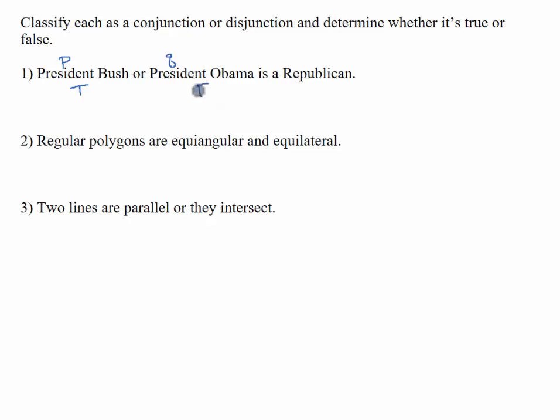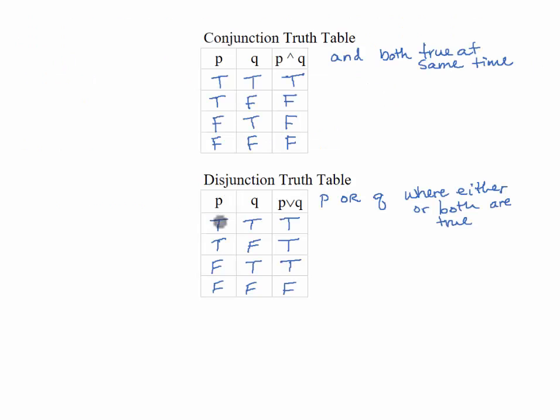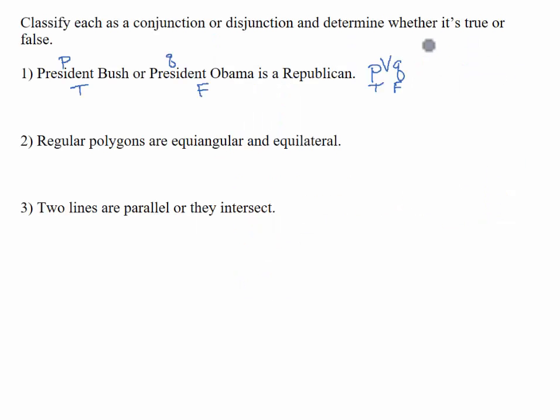But that's false because he's a Democrat. So we have P or Q, true or false. So what's my answer going to be from the truth table? P or Q, true or false, is going to be true. This is true. Okay? It's a disjunction.